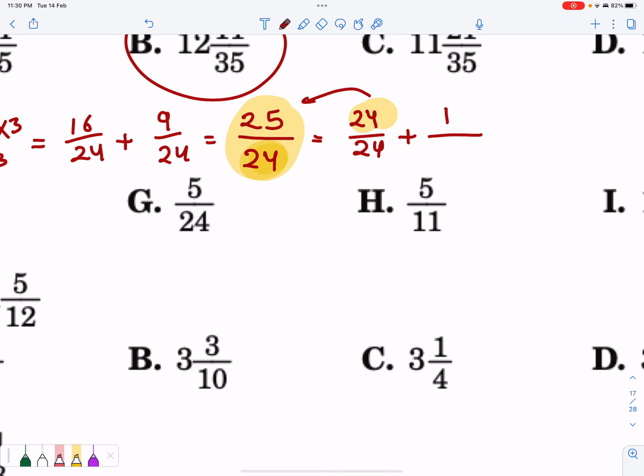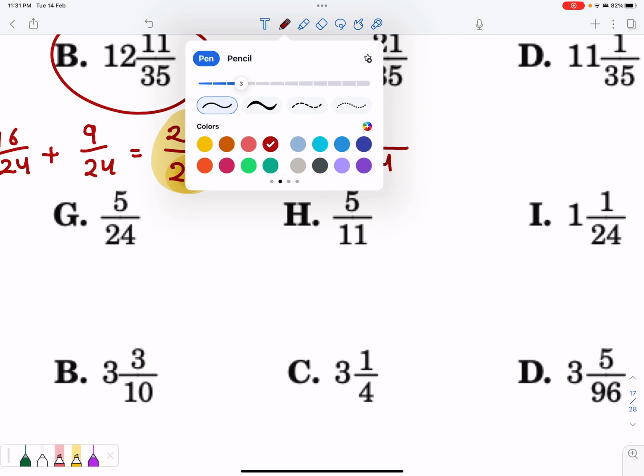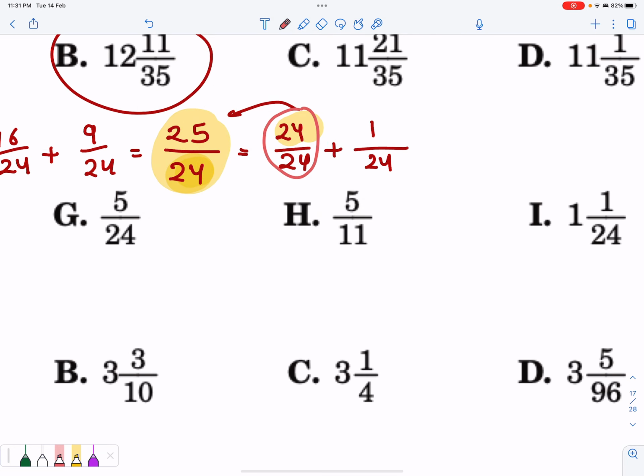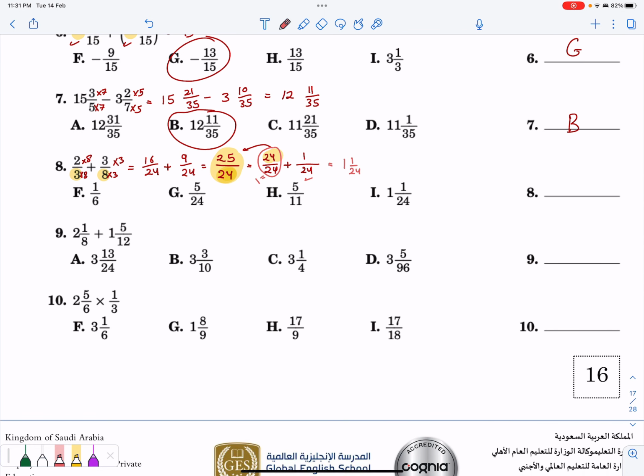You will just add 1 over 24, right? Since you have 24 over 24, that is equal to 1. So here 1 and that fraction, which is 1 and 1 over 24. So the correct answer is the mixed number, which is I, which is 1 and 1 over 24.